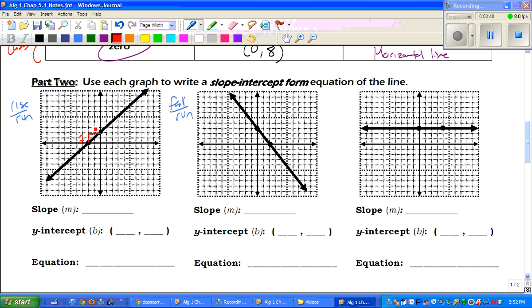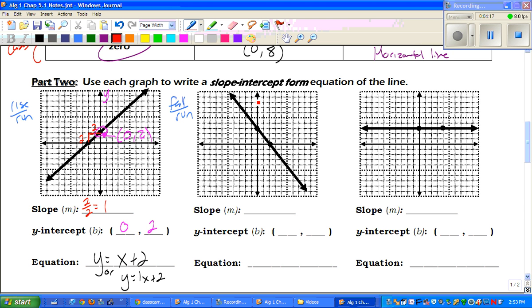This one we're going up 2 over 2. So 2 over 2 is our slope, and that simplifies to 1. And then I want to know what the y-intercept is, where it crosses the y-axis, and that is at (0, 2). So from there, you can write your equation: y equals x plus 2. And the other way you could write that is y equals 1x plus 2.